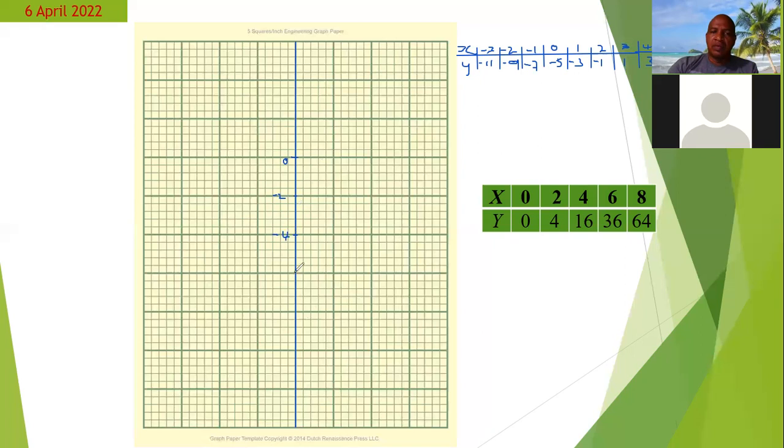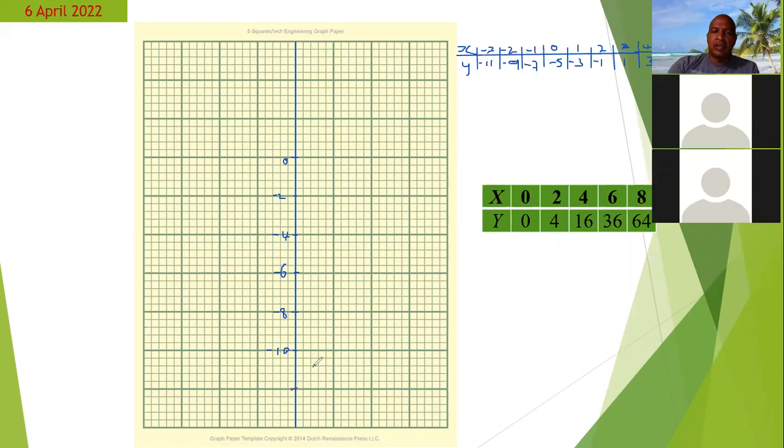The next one would be -6, next one would be -8, then -10, and then the next one would be -12.